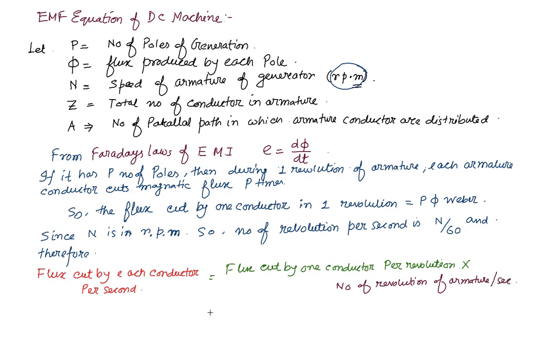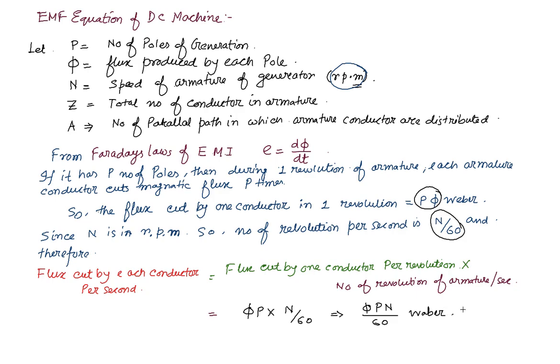That means phi into P is the flux cut by one conductor per revolution, and N by 60 is the number of revolutions of the armature in 1 second. That means phi P N by 60, in Weber, the flux in Weber.